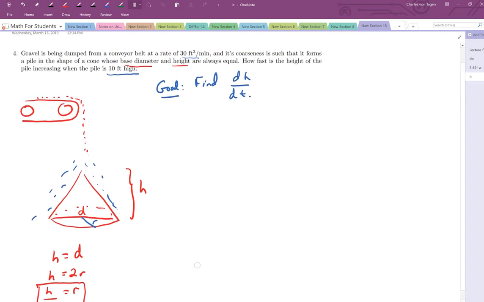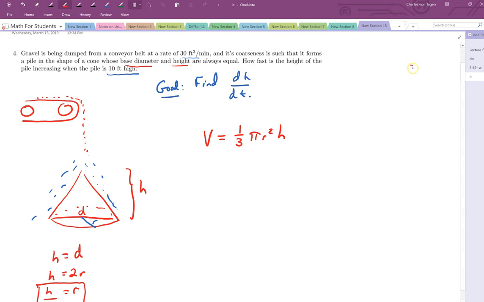Remember that our general strategy for these problems is to come up with a formula that relates everything together. In this case, the volume of this cone is equal to what? Well, the volume of a cone is 1/3 pi r squared h. That's a formula that it might be in your interest to memorize, but I would give that to you if you need it on an exam.